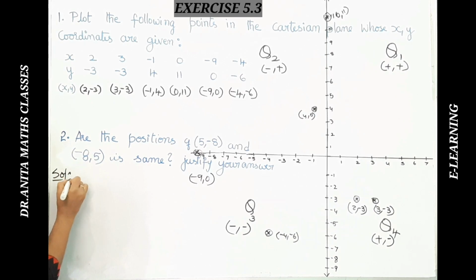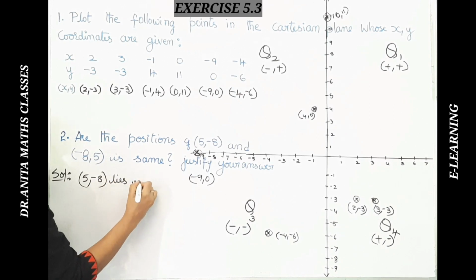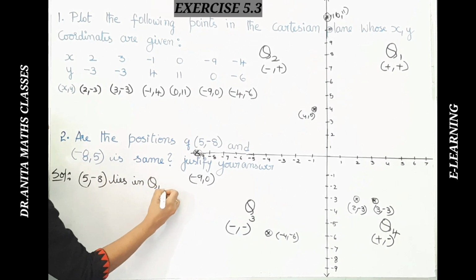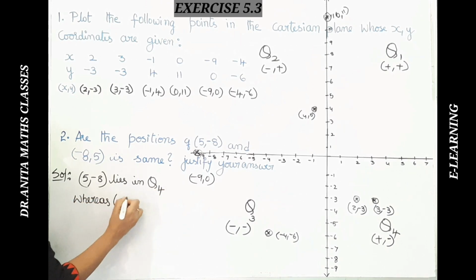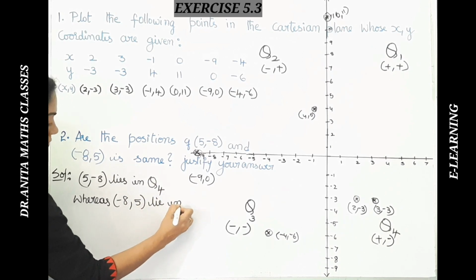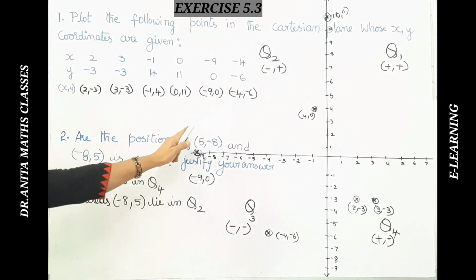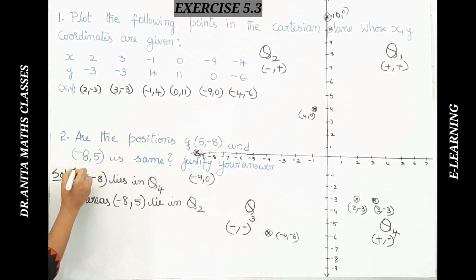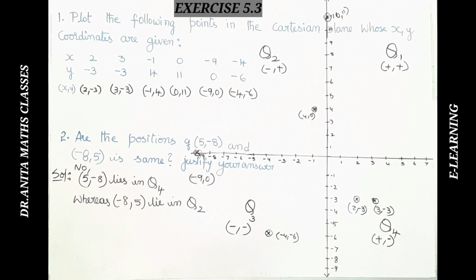So what we have to say? (5, -8) lies in the fourth quadrant, whereas (-8, 5) lies in the second quadrant. So are the positions of these two the same? We have to mention no, since this is your justification.